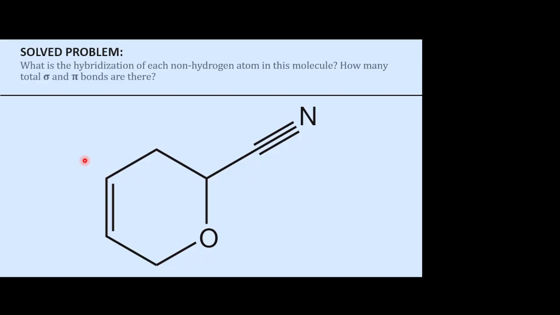Literally take your pencil and go, there's hydrogen here. 1, 2, 3, 4, 5, 6, 7, 8. 1 hydrogen here, right? 9, 10, 11, 12, 13, 14, 15. And you can literally just count through them.